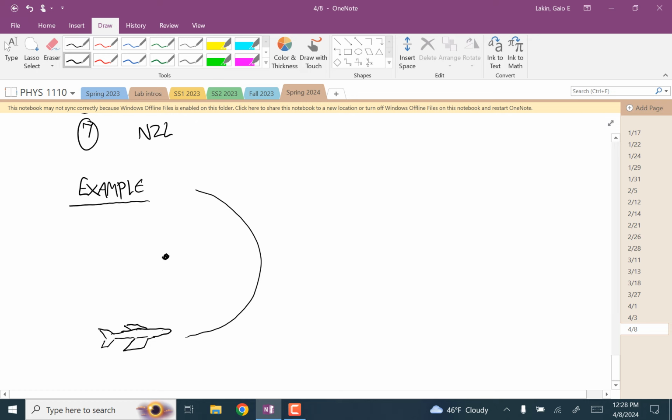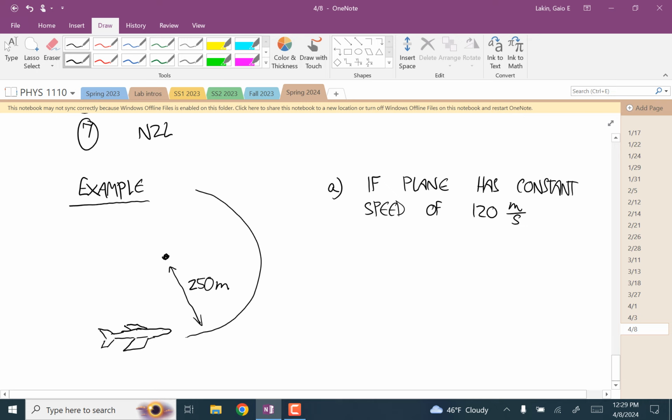The path has a radius of 250 meters. And first, let's say if the plane has a constant speed of 120 meters per second, what's the acceleration of the pilot at the point P here?